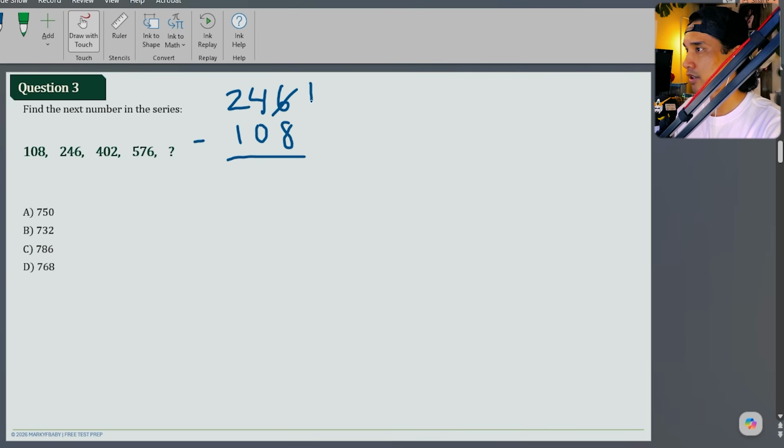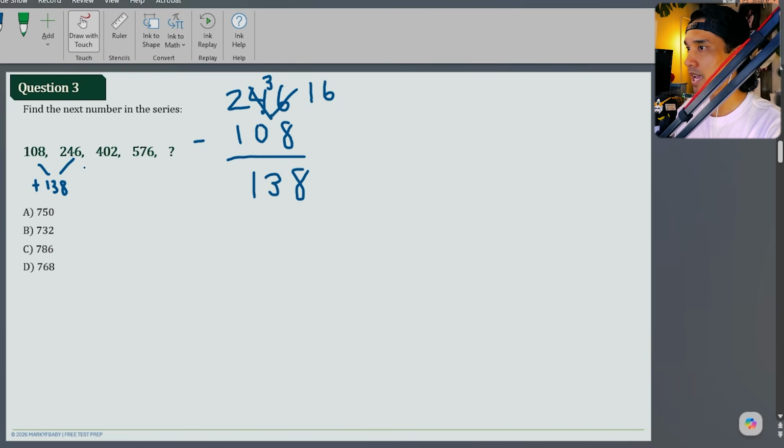You go like this, 16, you borrow from that 4, you get 16 minus 8, that equals 8. What is 3 minus 0? That equals 3. What is 2 minus 1? That is 138.